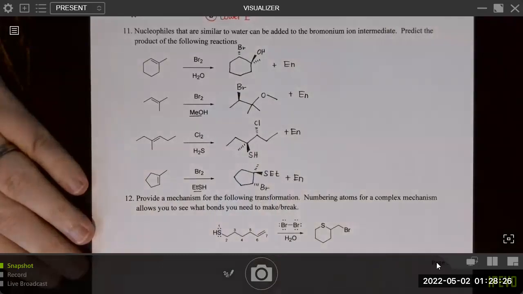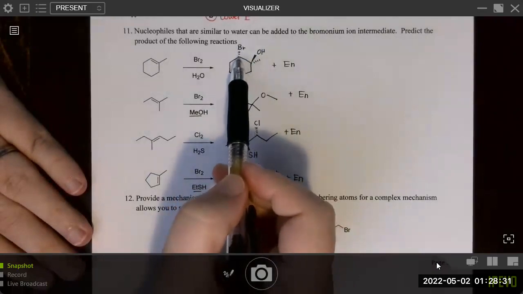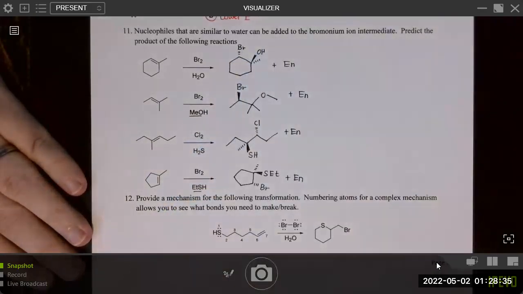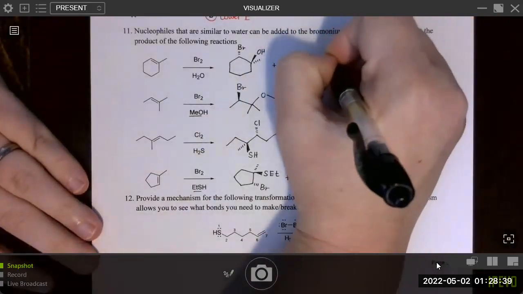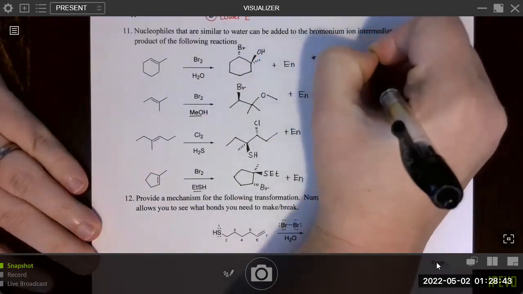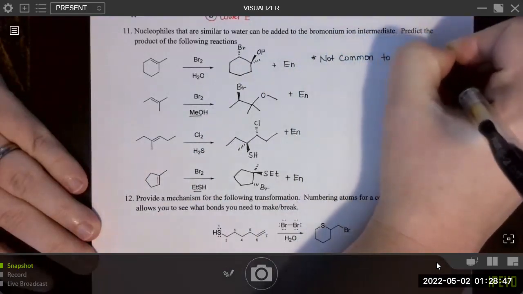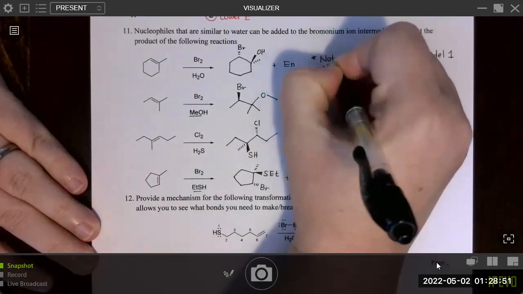So I think I will skip that. I mean, it could be done. You could keep these in the plane and then have these on wedges, for example. But I'm just going to say it's not common to use model 1 with a cyclic substrate.